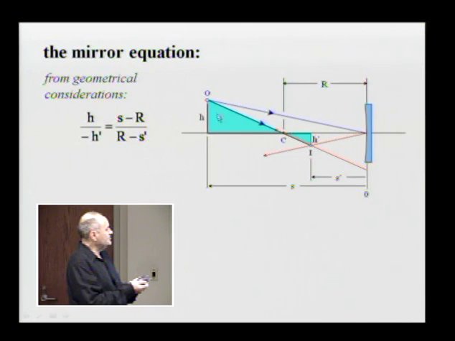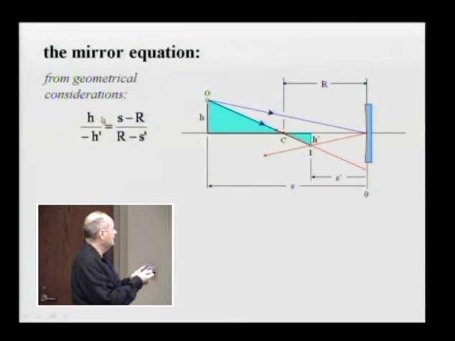And considering these 2 triangles, I can recognize that the ratio of the vertical component of the object to the vertical component of the image, actually I'm taking lengths of these 2 sides. Since the vertical component of the object here is a positive number, the length of this side is just h. Now, the vertical component of the position of the image is negative, so the length of this side is minus that value.